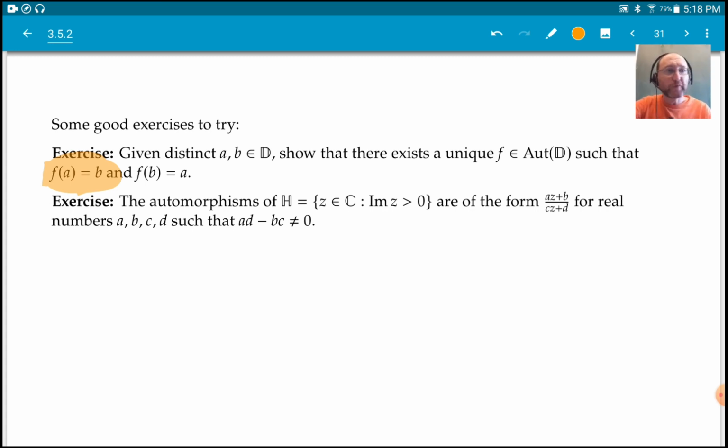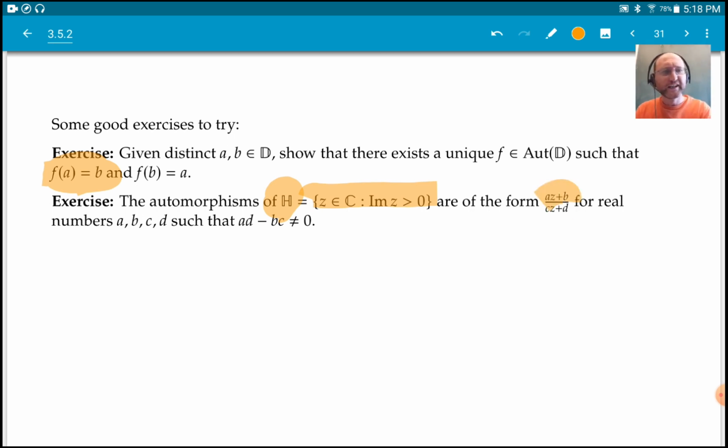Now, by applying an LFT and working out what's happening, anytime you have something equivalent to D by an LFT, such as the upper half plane, you can figure out its automorphism group, as again it's going to be LFTs because you're just composing LFTs.